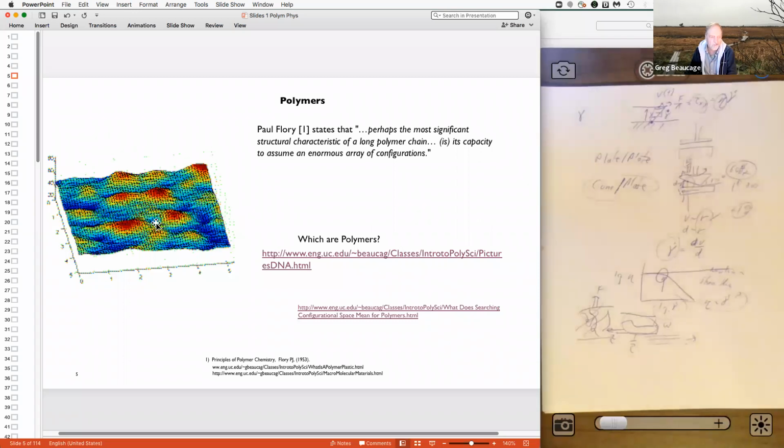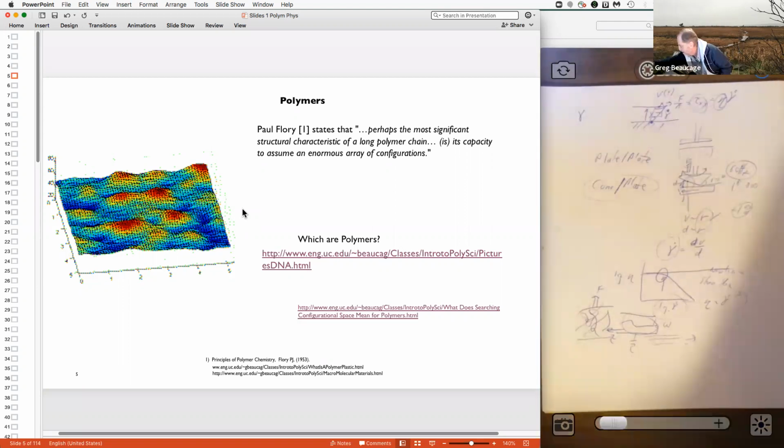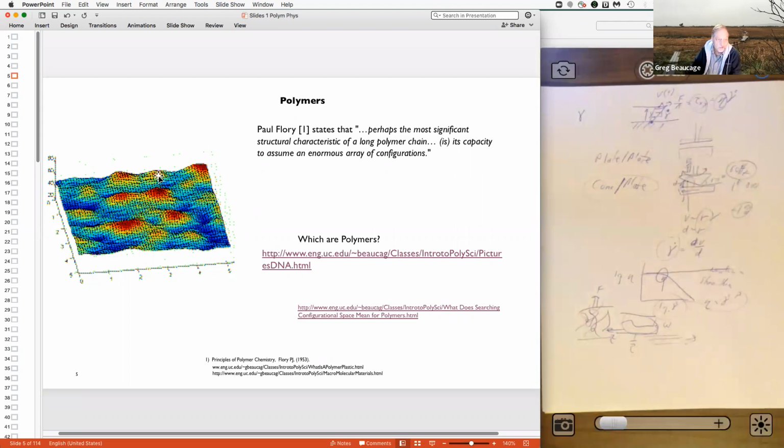It's this idea of thermal fluctuations, more or less the basis for thermodynamics: the material is sampling free energy, trying to minimize the free energy, and it's probing the free energy space due to these thermal fluctuations, so we can find the minimum free energy.